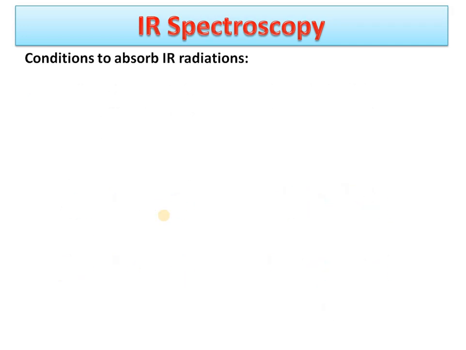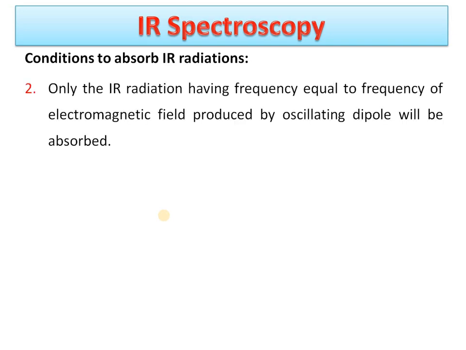The second condition to absorb IR radiation is that only the IR radiation having frequency equal to the frequency of the electromagnetic field produced by the oscillating dipole will be absorbed. So these are the conditions to absorb the IR radiation.